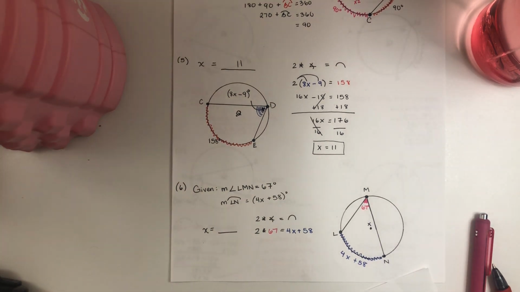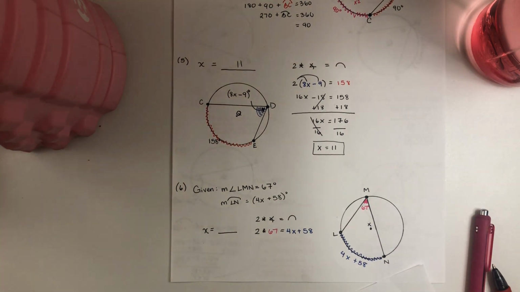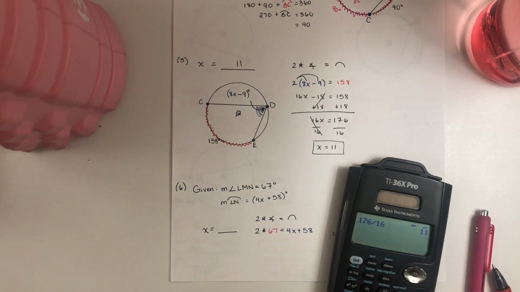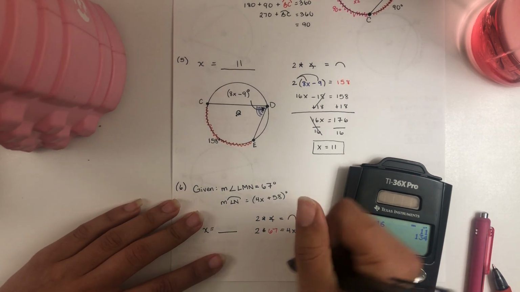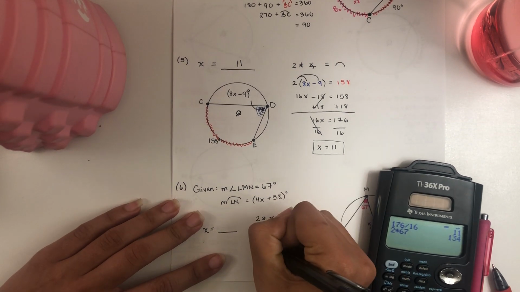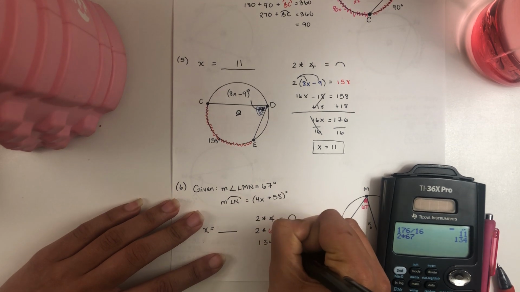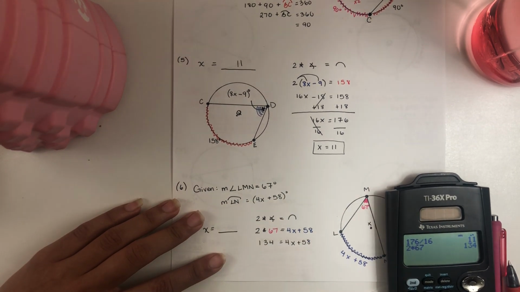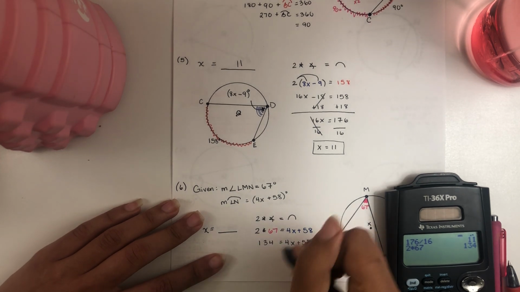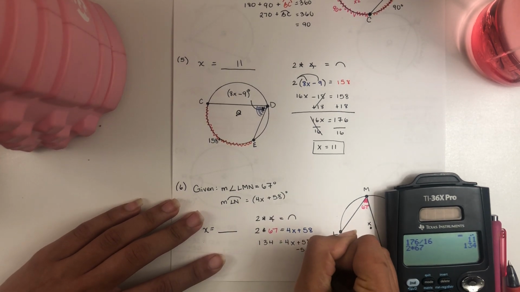Think for a second, what should be your first step? Hopefully you say 2 times 67. 2 times 67. 134 is equal to 4x plus 58. What do we do next? Subtract 58 on both sides.